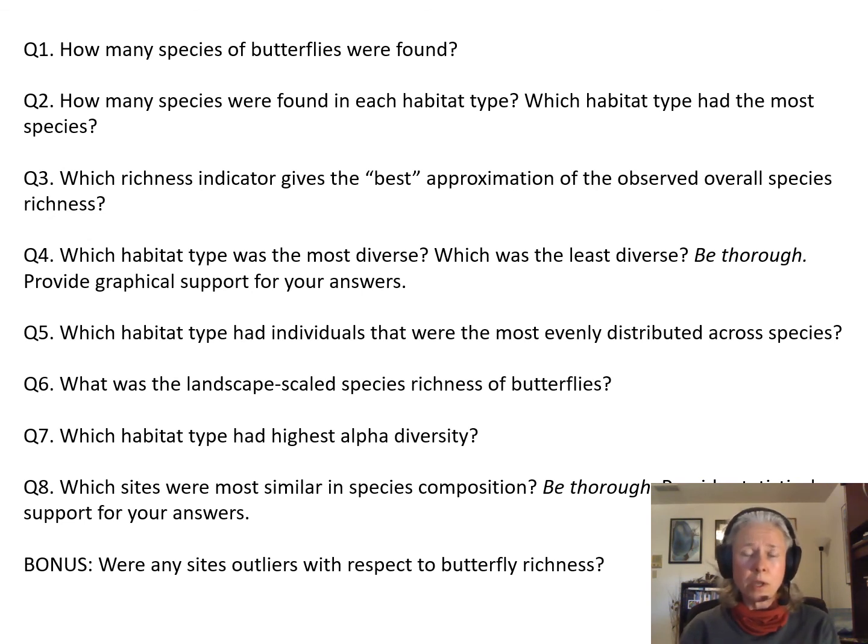And if there are, you might consider removing them and rerunning your analyses and seeing how your answers change. These are the kinds of questions that are asked about any ecological community. And so now you have the skills to be able to answer these kinds of questions in your own data.